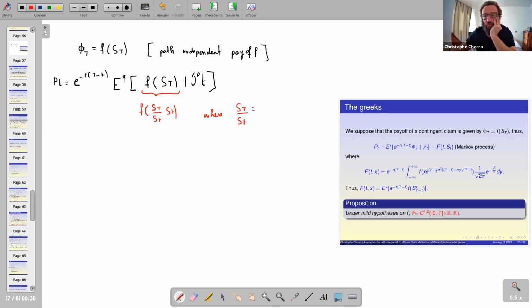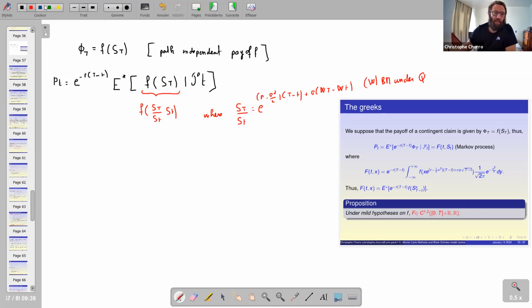So I am under Q. What I am interested in is the dynamic under Q. So I have here exponential of (r minus sigma squared over 2) times (T minus t), plus sigma times (W_T minus W_t), where W is the standard Brownian motion under the equivalent martingale measure.